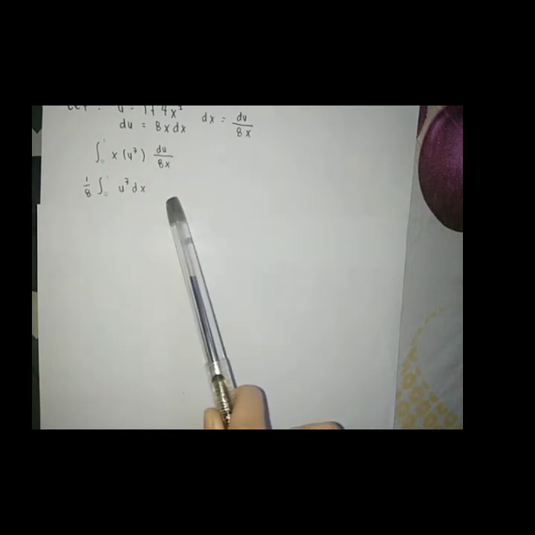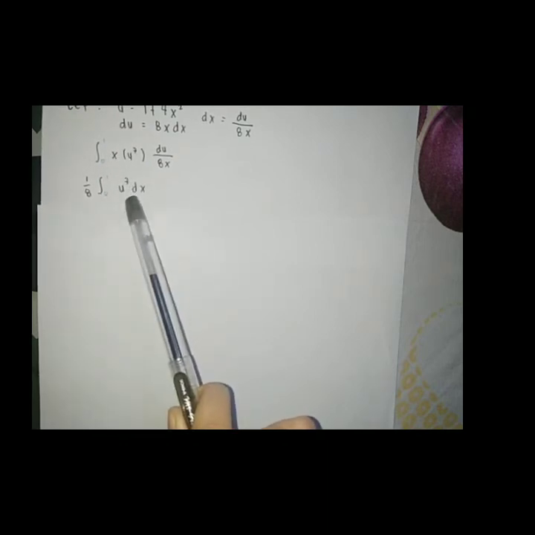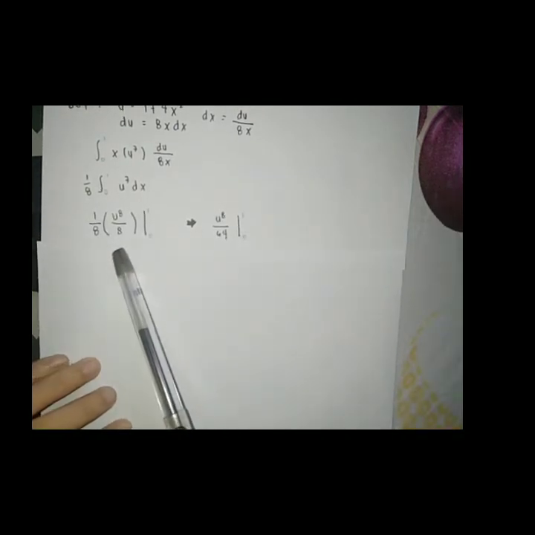So here I used the power rule again, wherein the integral of u to the 7 is u to the 8 over 8. So here, 1 over 8 multiplied by u to the 8 over 8 bounded from 0 to 1.